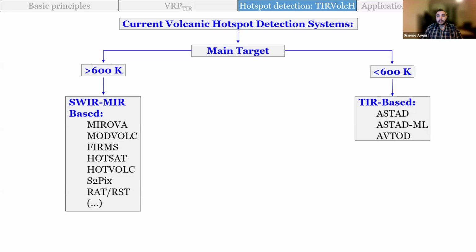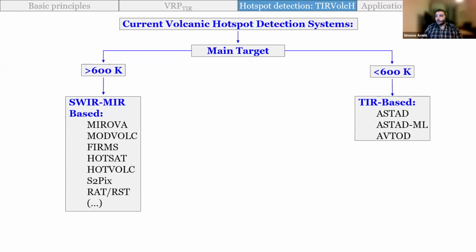And second, because detecting subtle thermal anomalies with the resolution of sensors that we currently have is a bit of a nightmare, because we can get a pixel which looks anomalous at the summit of a crater, and then if we move just a few kilometers downslope, we see that the seawater is actually warmer than the thermal anomaly itself.